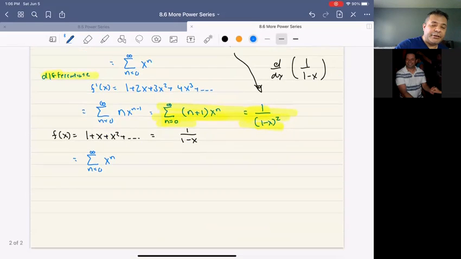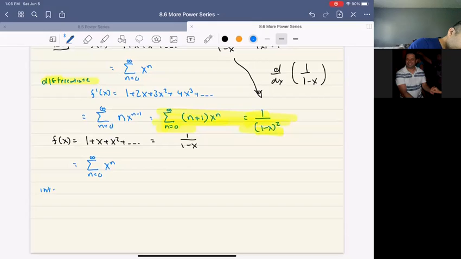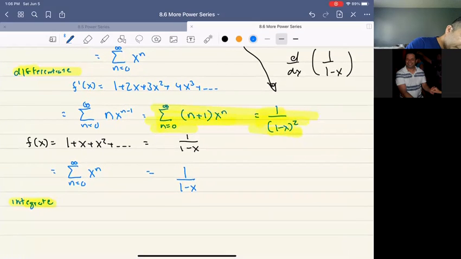Here we're going to integrate. Okay, so if we integrate here, we're going to get some constant plus the sum, n goes from 0 to infinity, x to the n plus 1 over n plus 1.